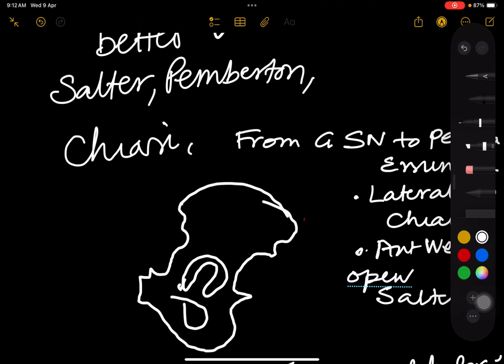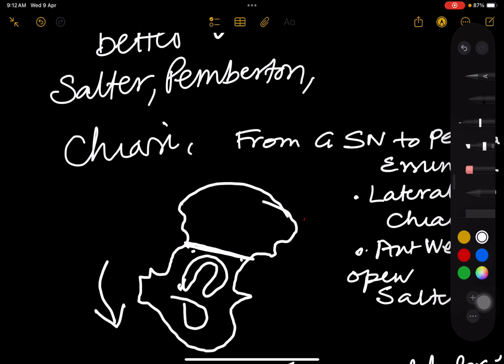So now most osteotomies are from the greater sciatic notch to above the pectineal eminence. Now if you open this osteotomy anteriorly, this lower part of the pelvis will move downwards. It will become downward directed.